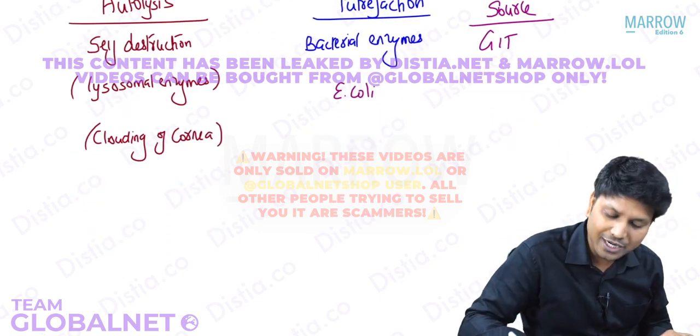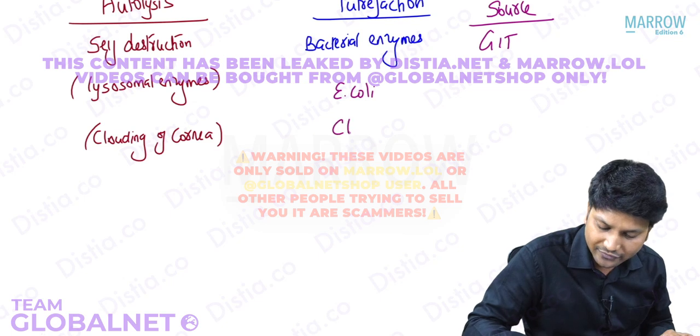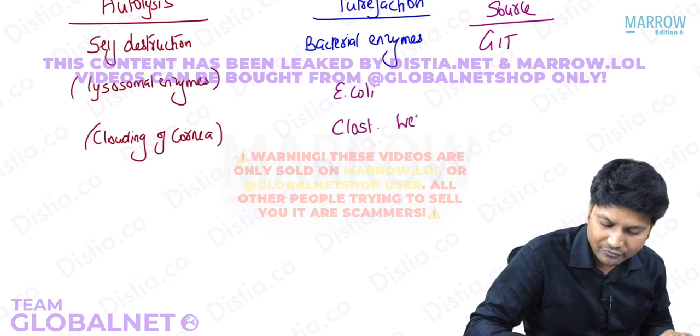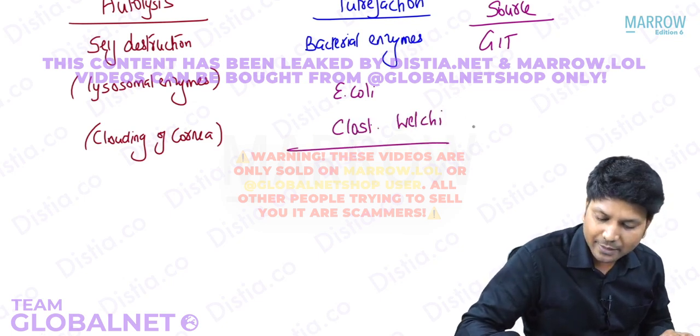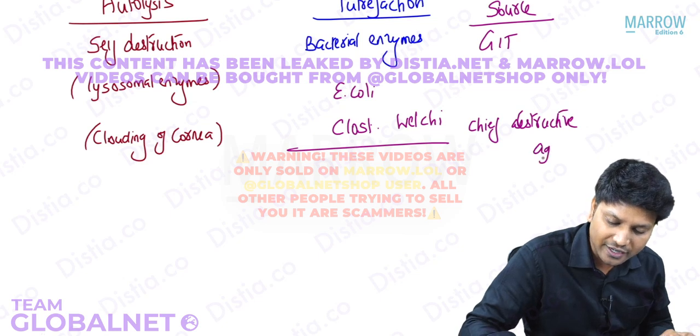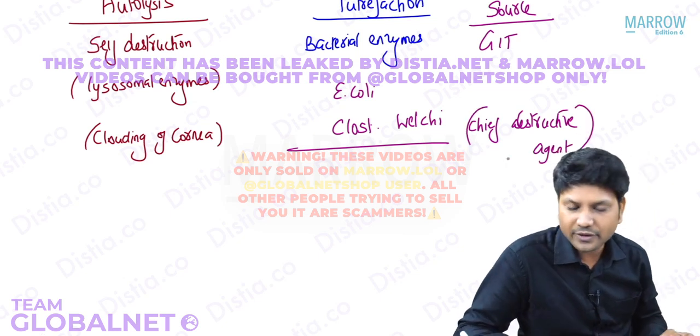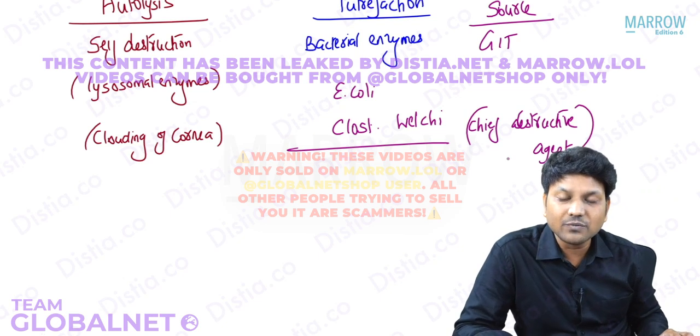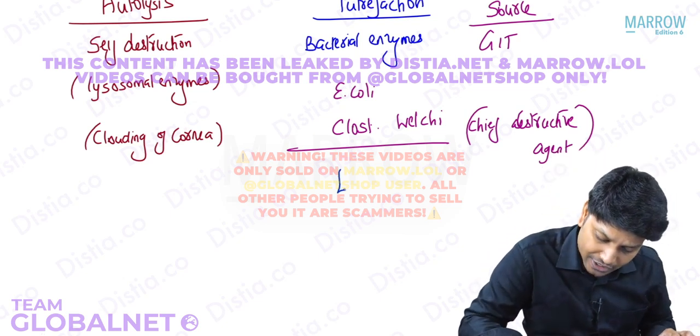But what is the most important bacteria? That fellow is none other than Clostridium welchii. This fellow can be called the chief destructive agent in putrefaction, because you can see the production of lecithinase enzyme from this fellow.